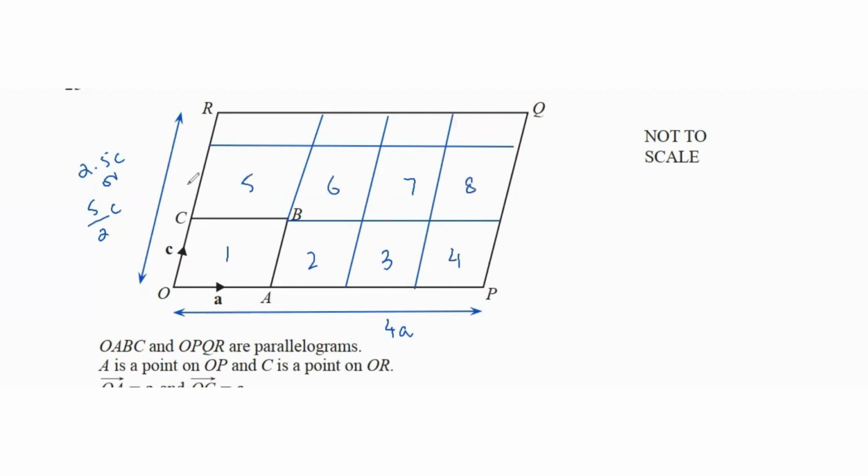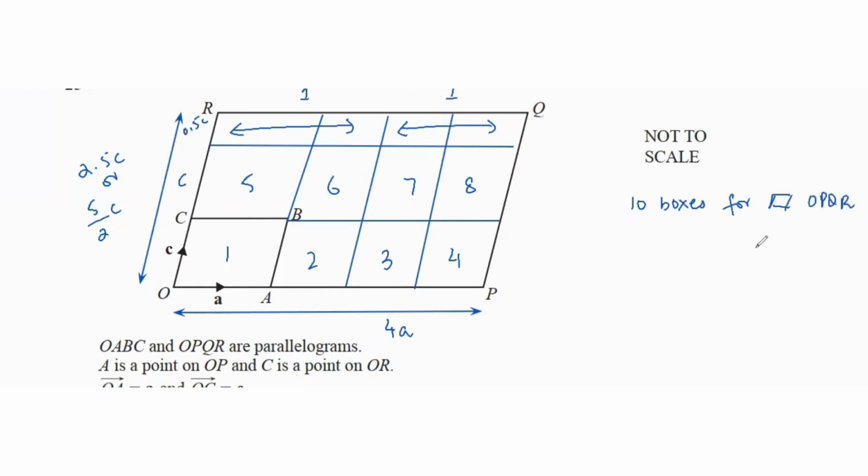Now, since this is C and this is C, this is 0.5C, like half of C, which means these two boxes add up to one box, and these two boxes will add up to another box. So 2 boxes in total. So we count the total boxes, that's 10 boxes for the parallelogram OPQR.